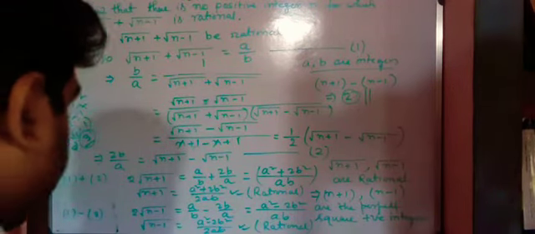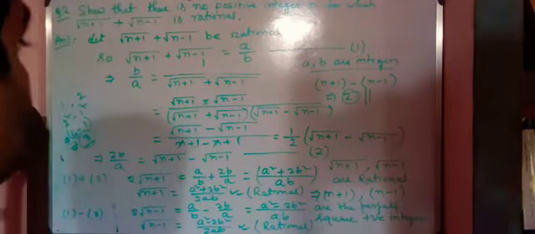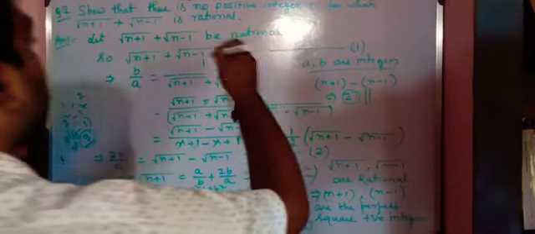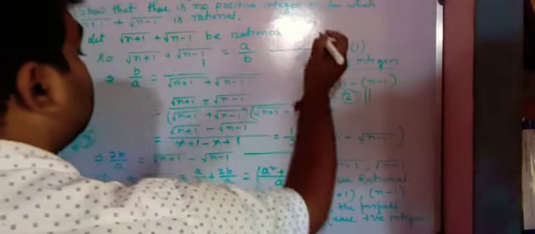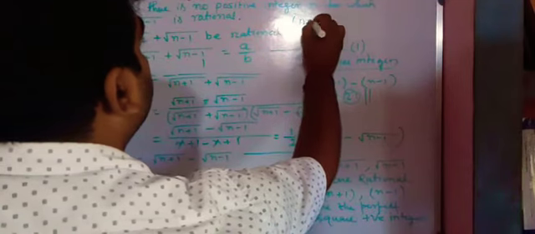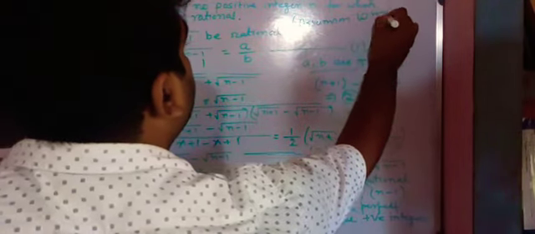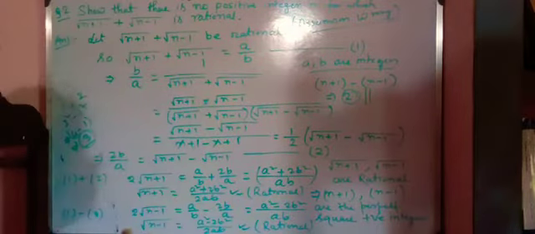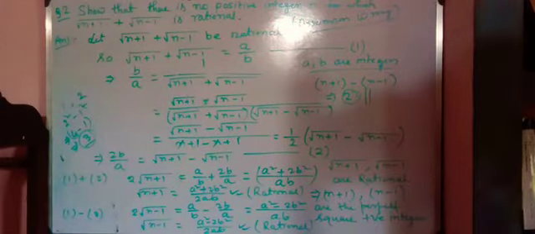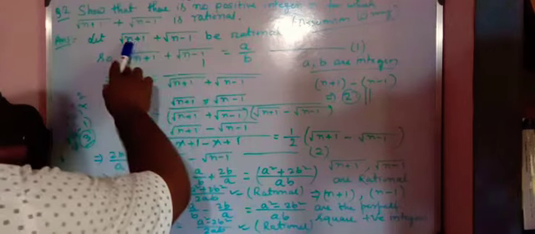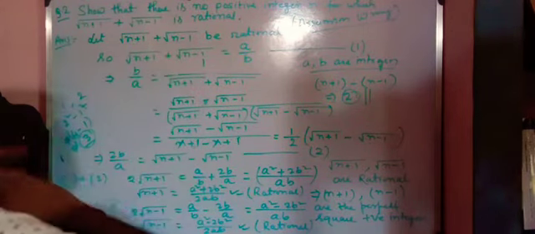So there is no positive integer n for which this holds, so our assumption is wrong. Understood? That is, root over n plus 1 plus root over n minus 1 is rational.